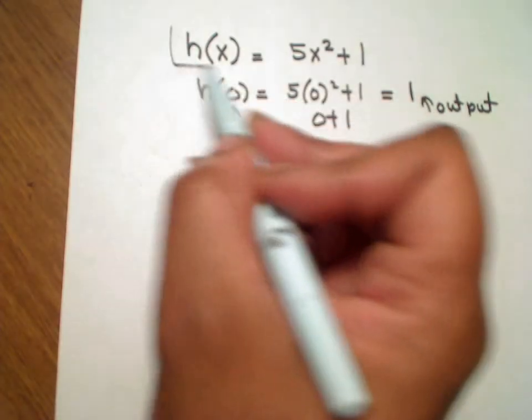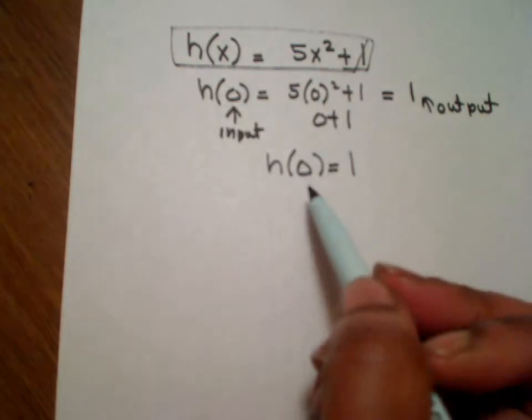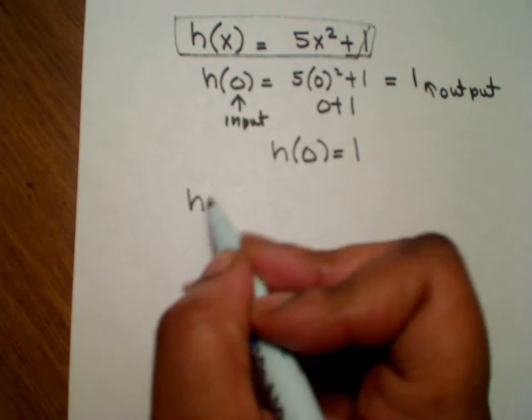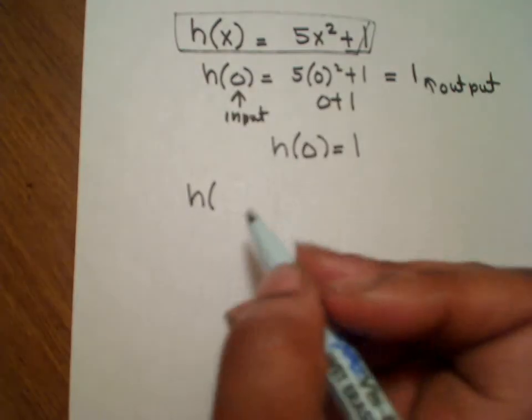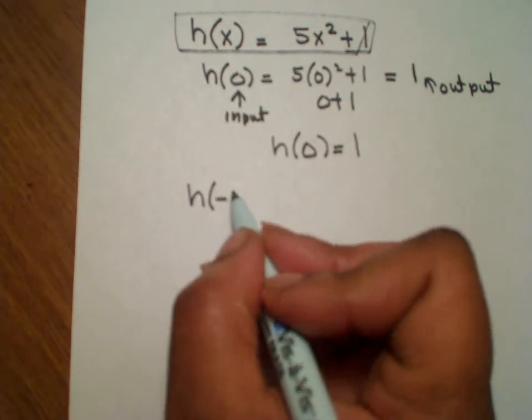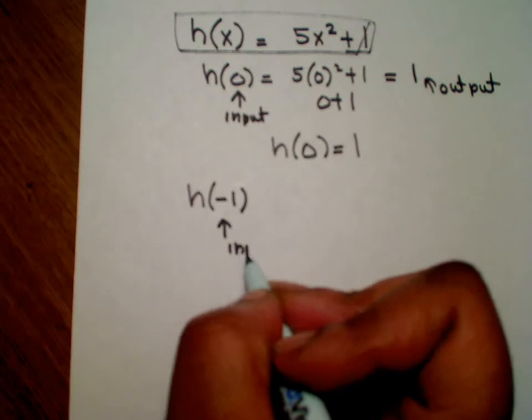I can continue to use this standard equation that I have here for any input. I can change it, and instead of having h of 0, I can make it h of, say, negative 1. It's saying this is still my input.